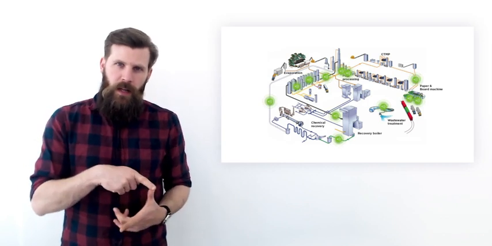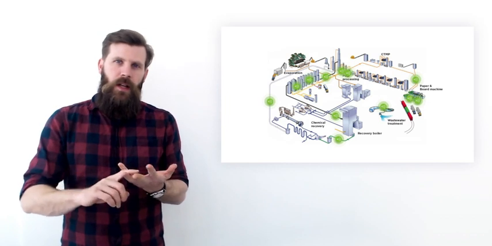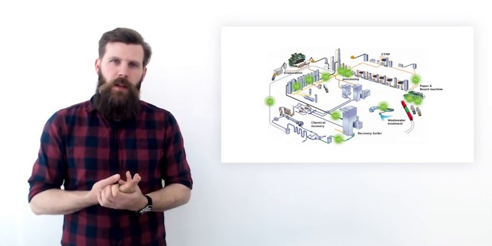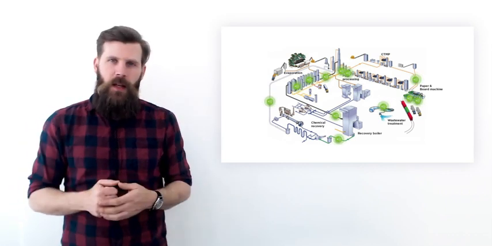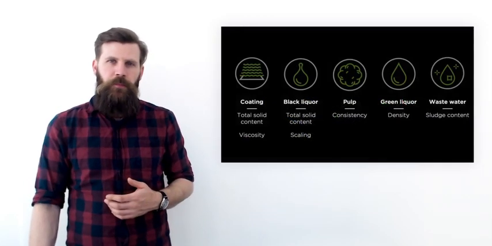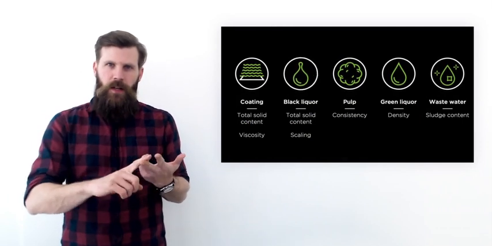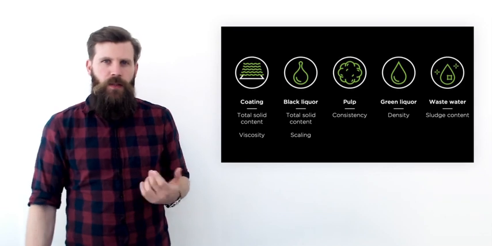So the weakest black liquor to the heaviest black liquor, the recovery boiler, green liquor and white liquor. We cover all that. And the same thing with the wastewater treatment plant, where we have several applications. So paper and pulp, we cover basically the entire mill. Coating, starch and color, black liquor, pulp, green liquor and wastewater treatment. Those are the areas we work with.